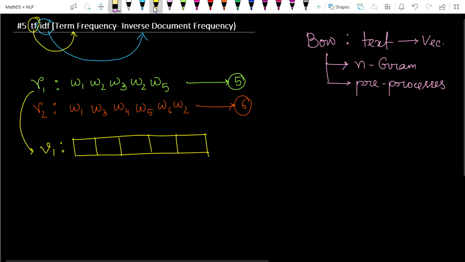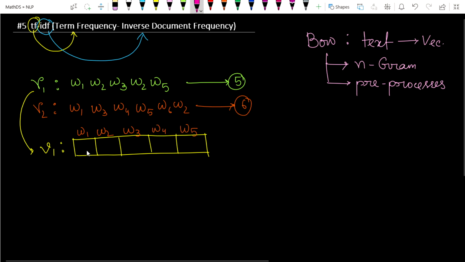This cell is responsible for word W1, this cell for word W2, and similarly for the rest.